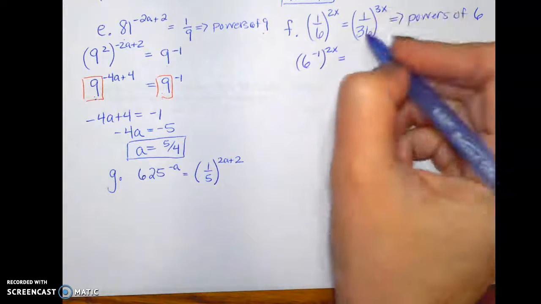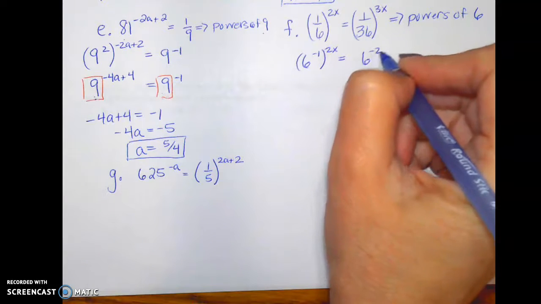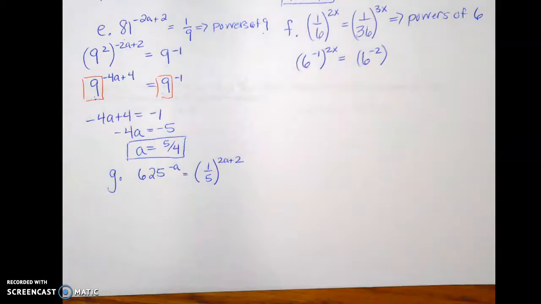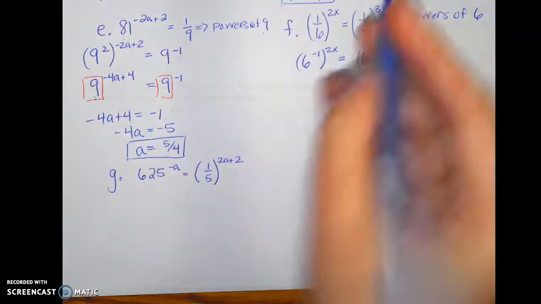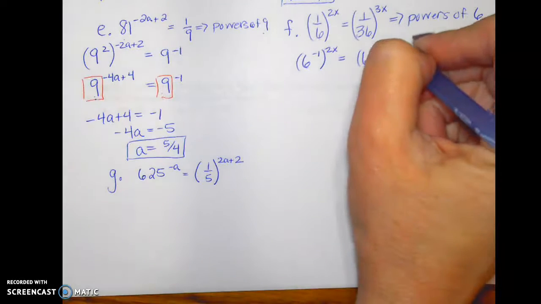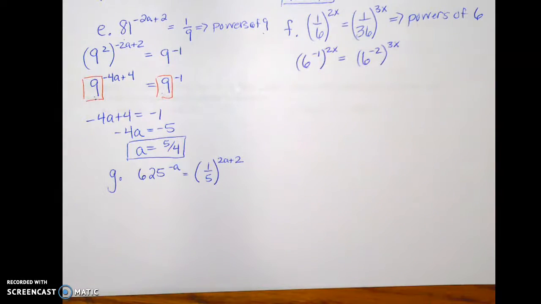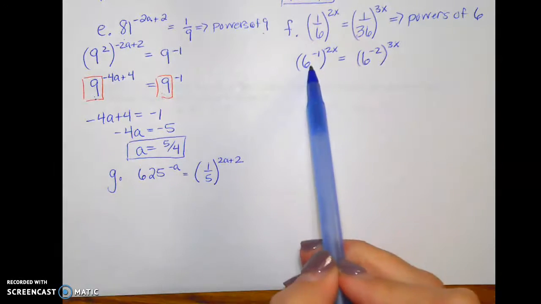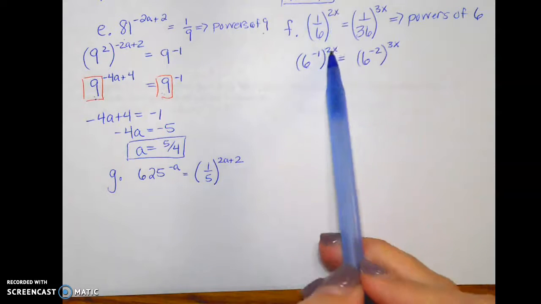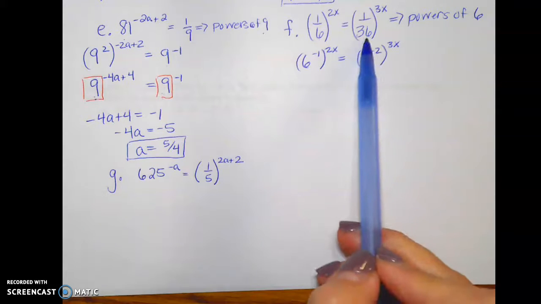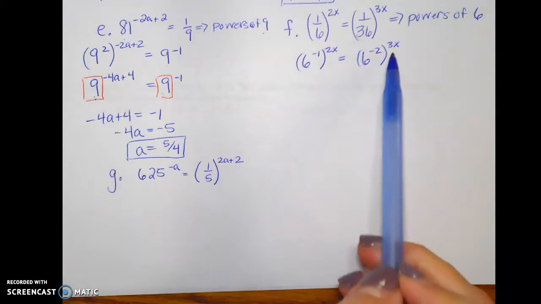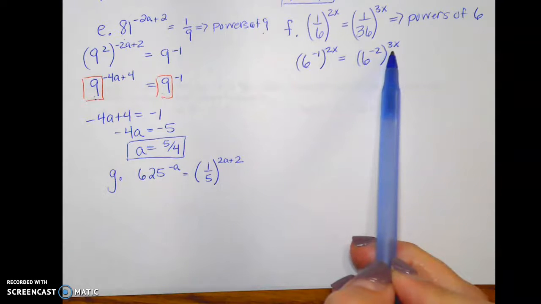Then on the right, 1/36 is really 6 to the minus 2. And that puts our power of 6 in the bottom. And we still have this 3x up here, so we're not losing that. So we rewrote 1/6 as 6 to the minus 1, held our exponent, rewrote 1/36 as 6 to the minus 2, and held our exponent there as well.